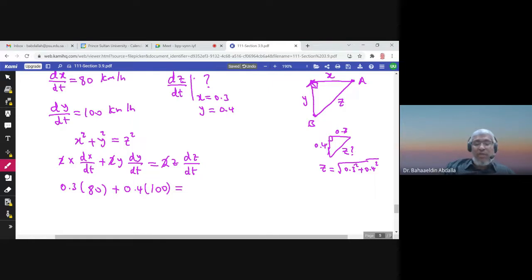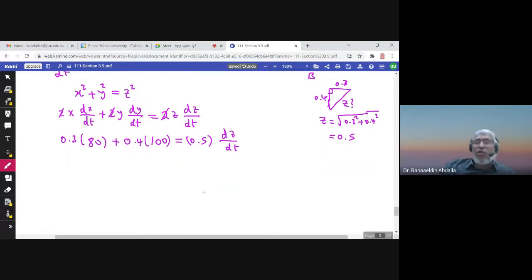The answer is 0.5. So z is 0.5 times dz by dt. You have one unknown now, so find dz by dt.